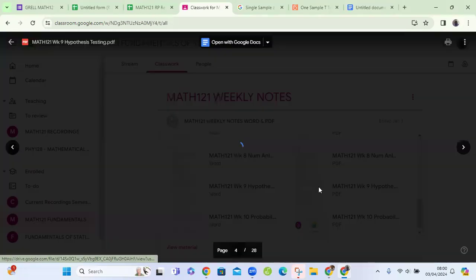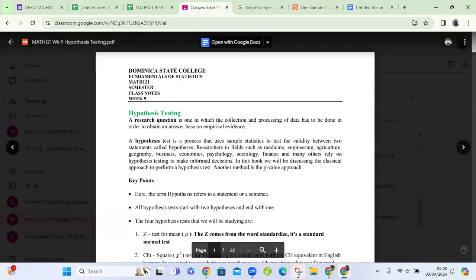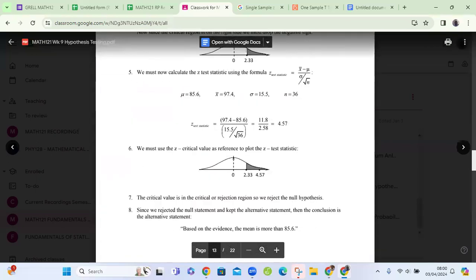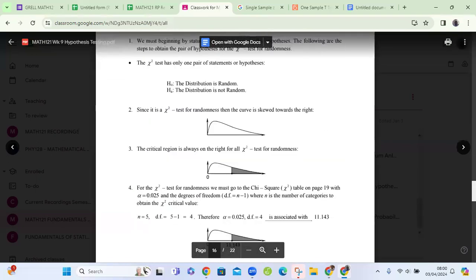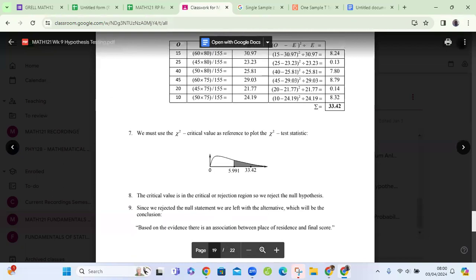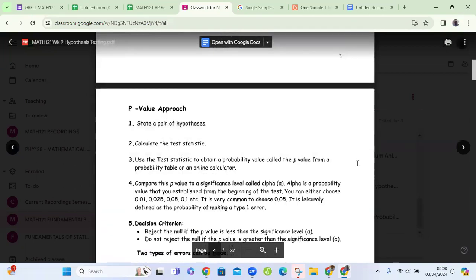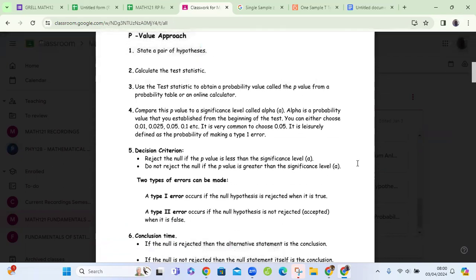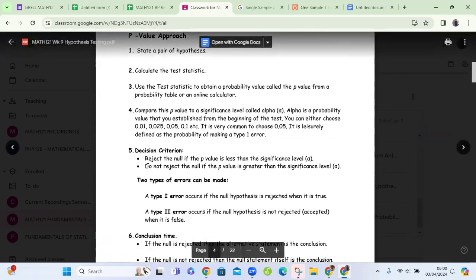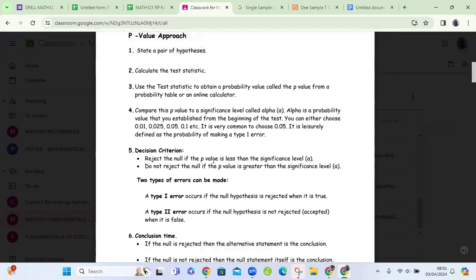So here we are accessing weekly notes number 9 in the Google Classroom, and we are looking at the p-value approach. What is the decision criteria? Here it is, p-value approach. Decision criteria: reject the null if the p-value is less than the significance level.